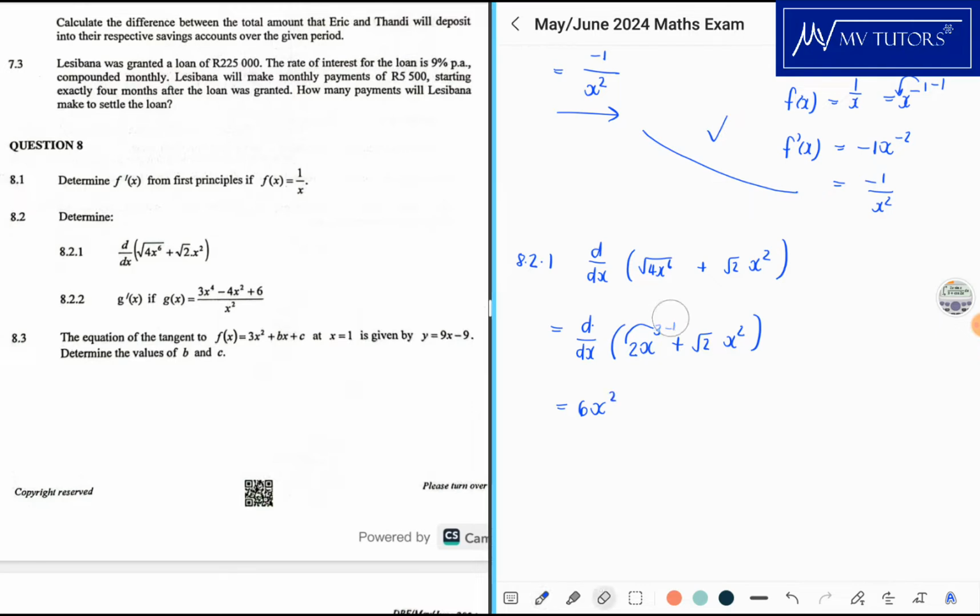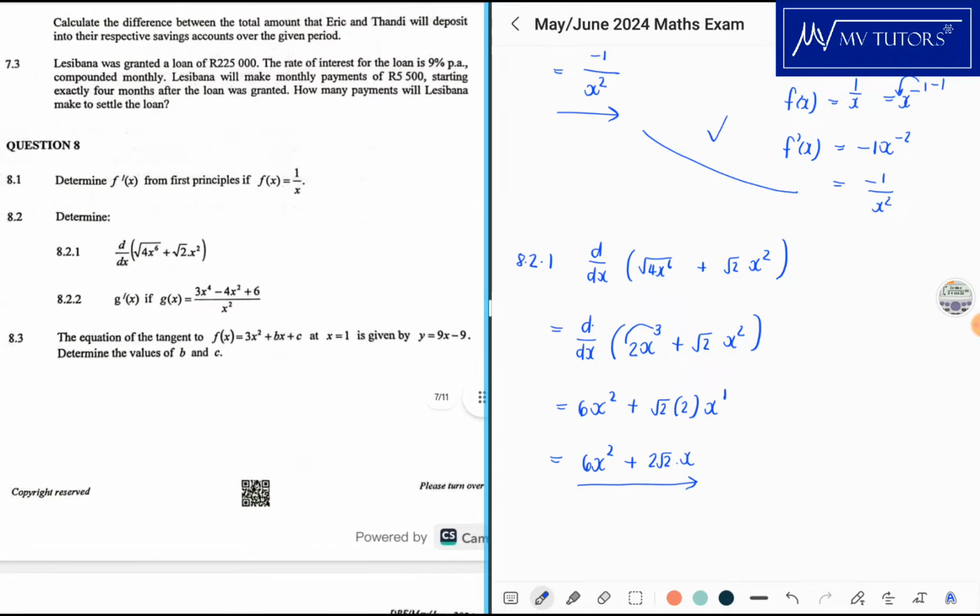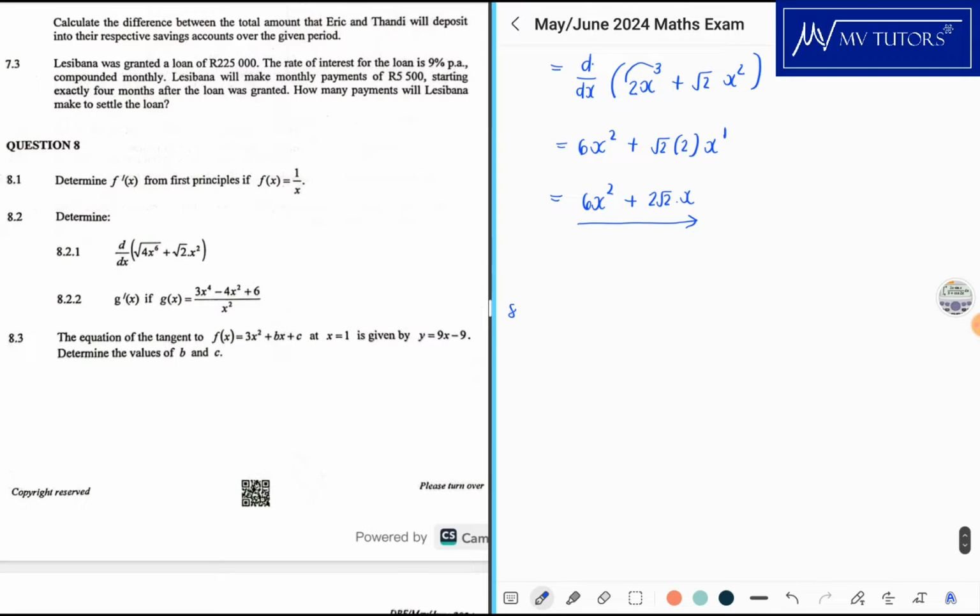And then here I have root 2, and if I bring 2 down, that will be multiplied by that. And then x, if I subtract 1, I'll be left with that. So I'm just going to say 6x squared plus 2 root 2 times x. And that will be my answer. How many marks? 3 marks. Now 8.2.2.